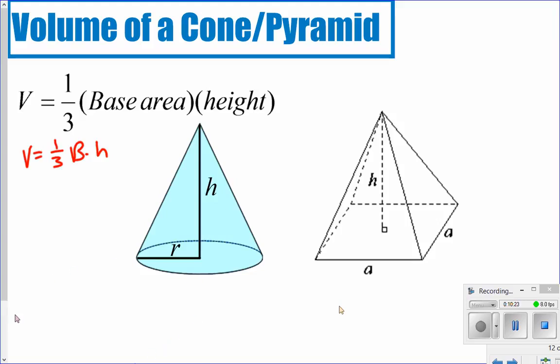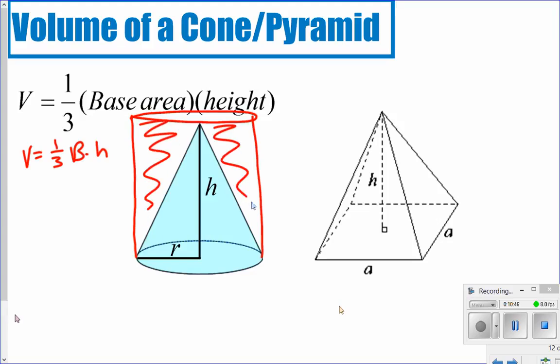Let me try to explain why it's 1/3 rather than just area of the base times the height, like we had for a cylinder and for a prism. If I were to extend these sides up further and make it a cylinder, then I obviously have more volume there.